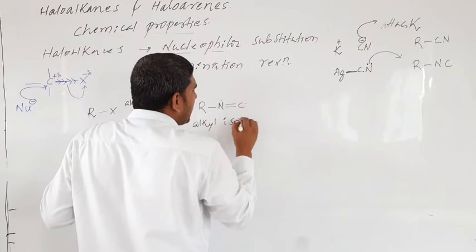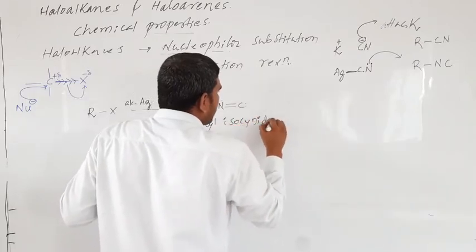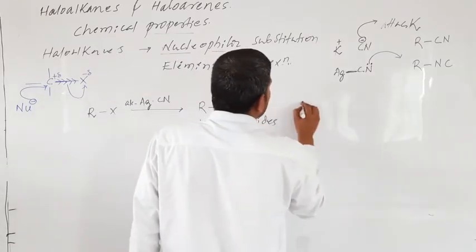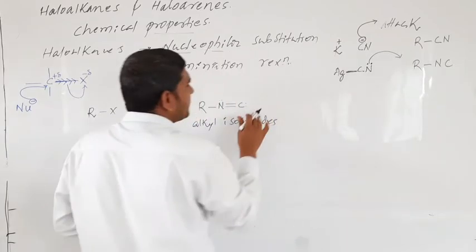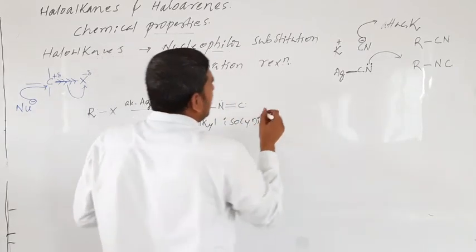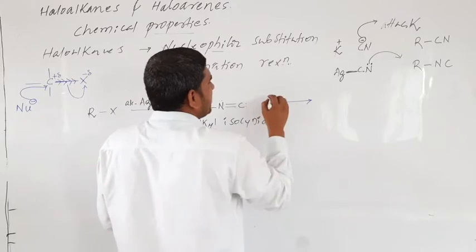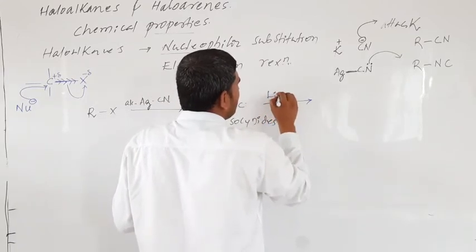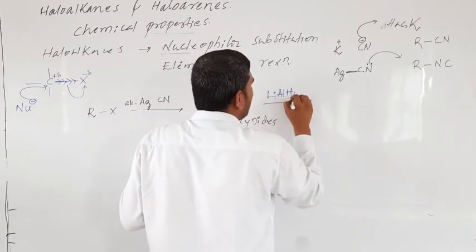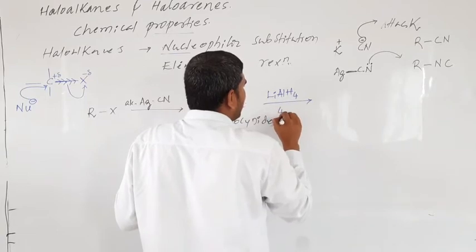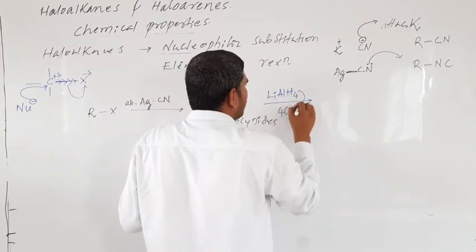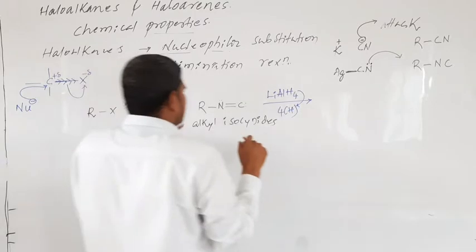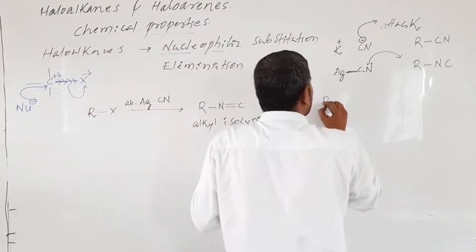Alkyl isocyanide. If you reduce this alkyl isocyanide by using lithium aluminum hydride, we know it provides what? 4 nascent hydrogens. Just add 4 nascent hydrogens, it becomes what?